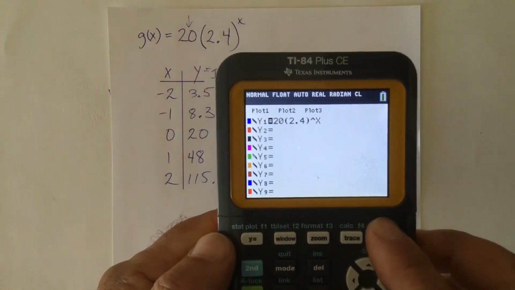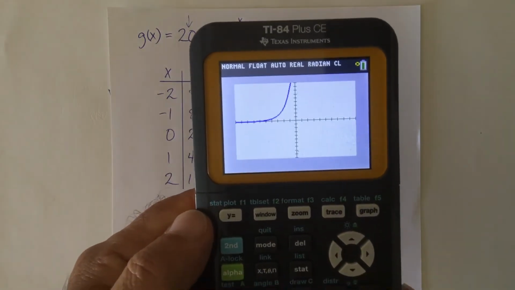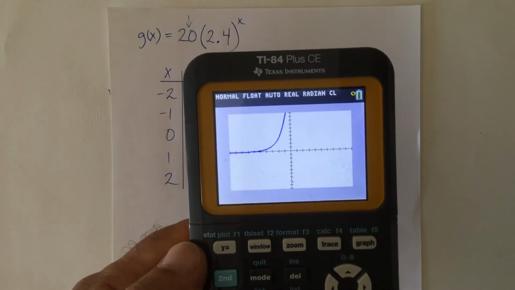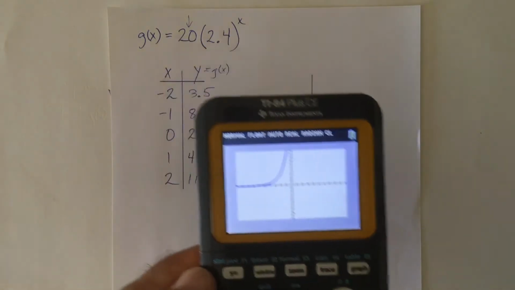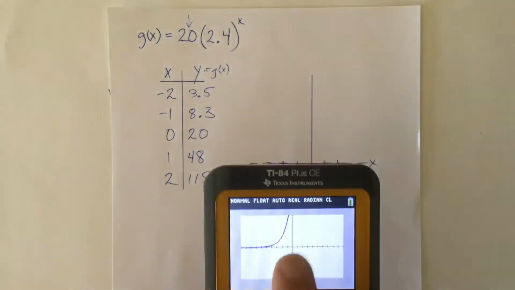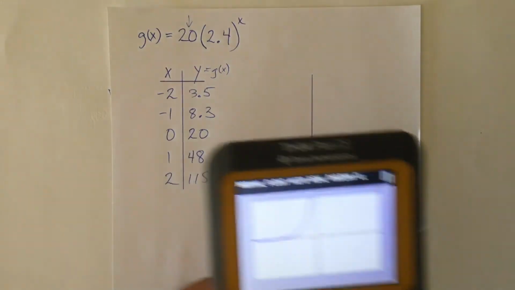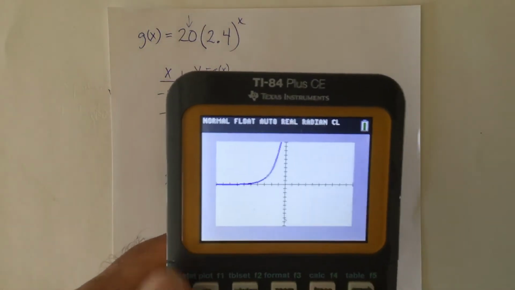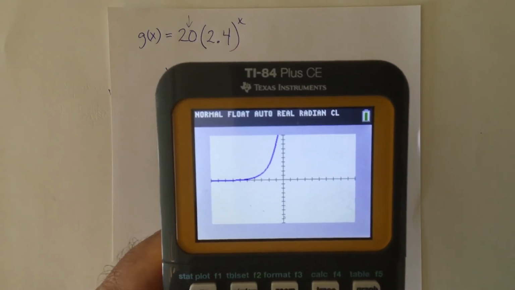I'm going to hit graph and watch what it does. There's my asymptote, but then, whoa, it goes way up. What the heck-a-rooney? Well, look, here's what happened. I could move up there and find that it crosses at y equals 20. It does. That's where it intersects the y-axis.